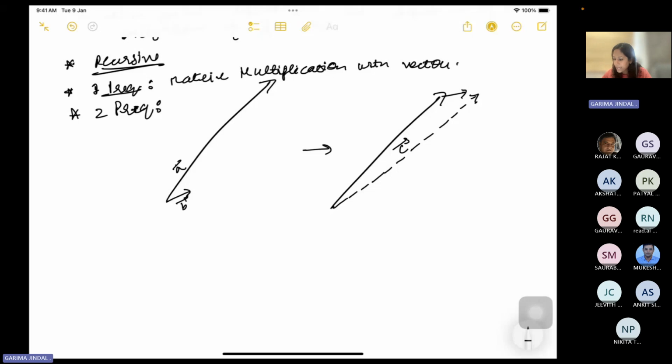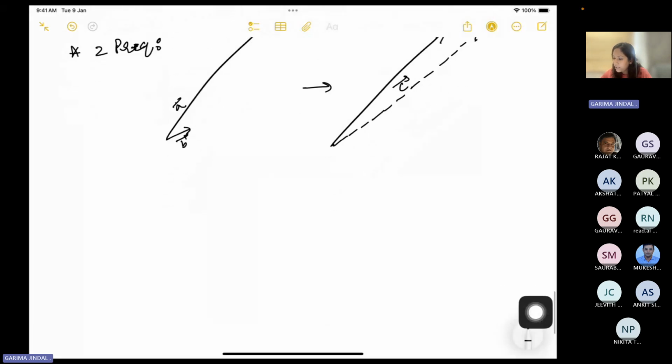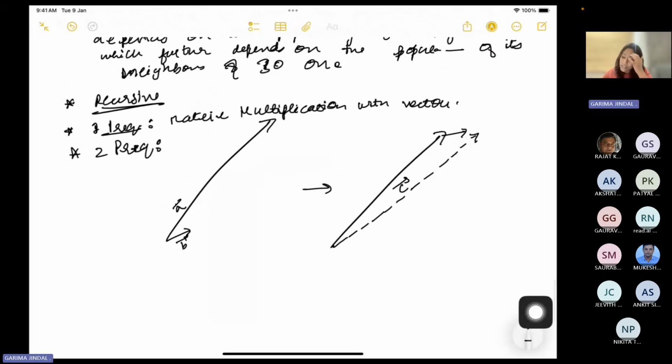We can see that both the magnitude and the direction are very similar to the bigger vector.